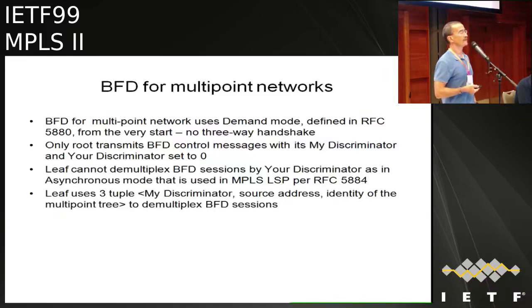Normally in BFD, per RFC 5880, the demultiplexing is done by a locally allocated identifier. So basically, the value that comes to the node in the your discriminator field would be the locally unique identifier. Because such is absent in the point-to-multipoint version, there needs to be some other fields.